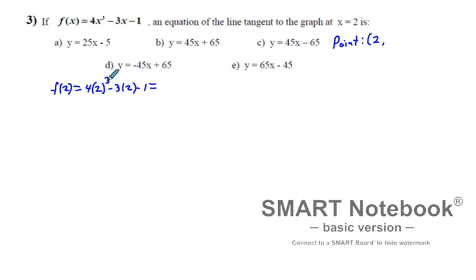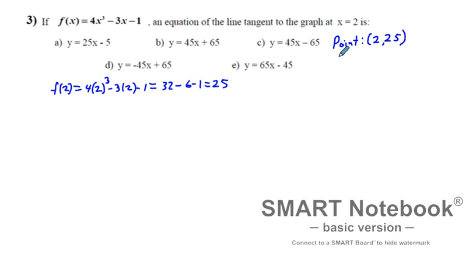And 2 cubed is 8. 4 times 8 is 32. And then 3 times 2 is 6. So we get 32 minus 6 minus 1, which equals 25. So that's going to be our y-coordinate, 25.